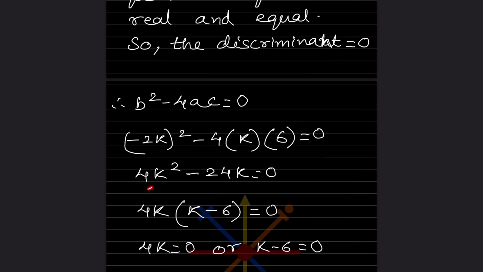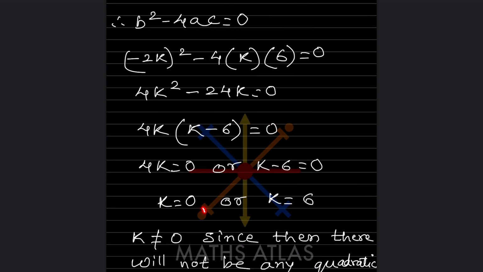So now from this, this is the first term, second term. What we can see common is 4k. So what remains in the bracket is k minus 6 is 0. So either this is going to be 0 or this is going to be 0. So 4k is 0 means k is going to be 0 divided by 4, that is 0. And here k is going to be 6.